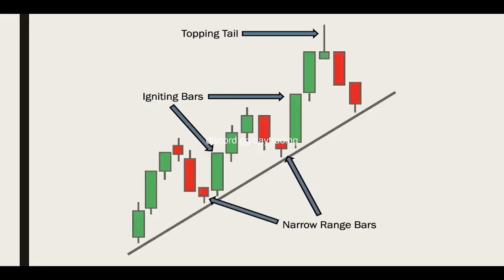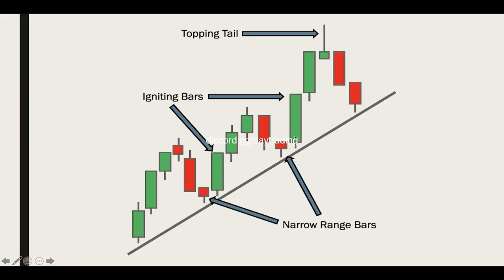So what we have here is a clear topping tail right here. Huge tail. The sellers have taken control, price then dropped. And then right here we have an igniting bar, where the opening price is near the lows, the closing price is at the highs, and it ignites a new move higher.